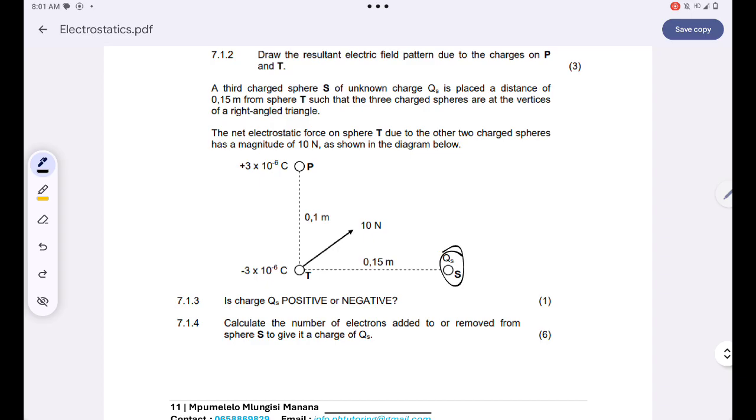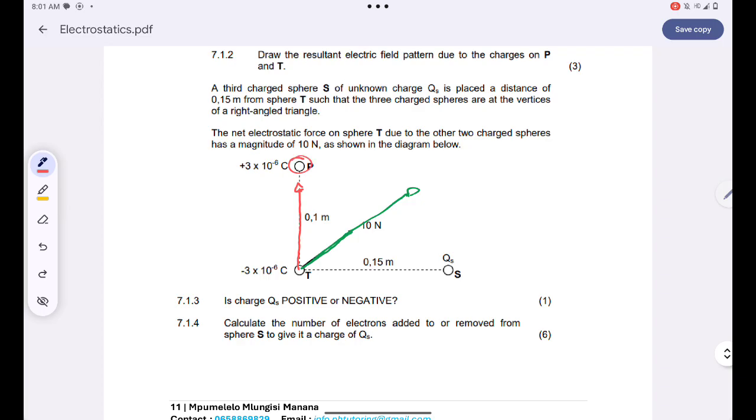This one over there. Okay, for the fact that, guys, our F net is pointing in the northeastern direction, it simply means that the behavior on charge T due to the other two charges, since P and T are attracting one another, is that T was being pulled upwards by this sphere over there, né?